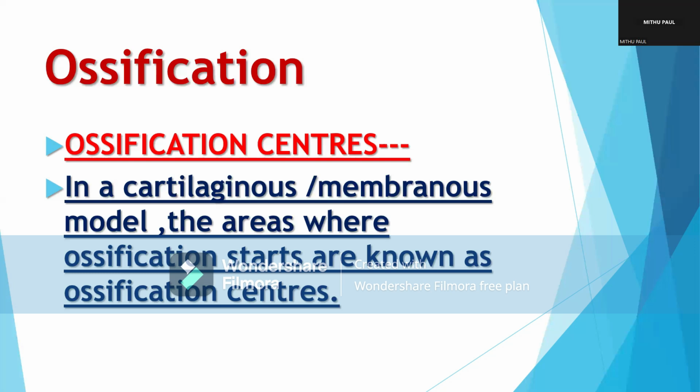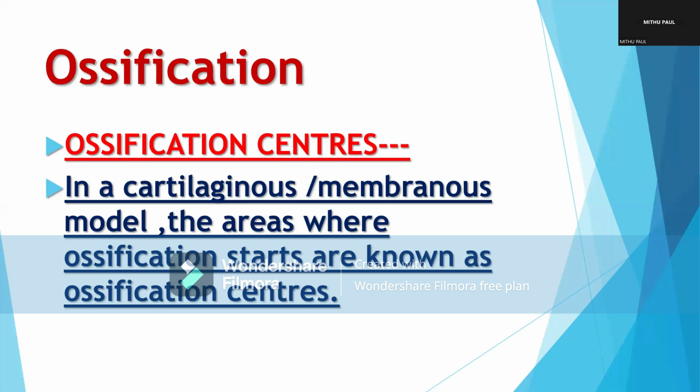So there are two terms. One is chondrification, that is formation of cartilage. After that, in the basic cartilaginous or membranous model, there is the starting of ossification, that is bone formation. So by the term ossification, we mean bone formation. For bone to form, a basic model of a cartilaginous structure, mainly hyaline cartilage, or a membranous model is required.